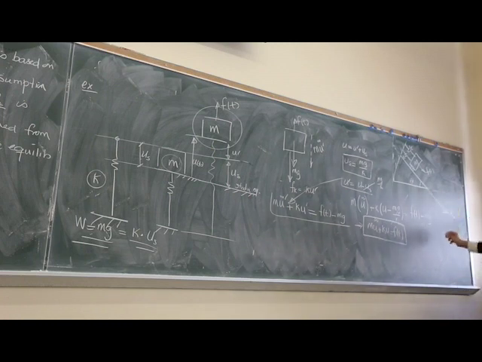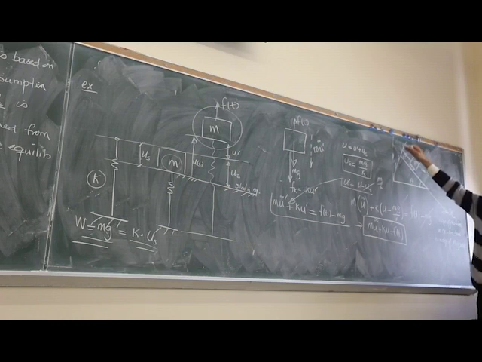I want you to show that the equation of motion in the x direction is independent of mg sine theta. Mg sine theta, of course, if you consider the motion in this direction, is the force.